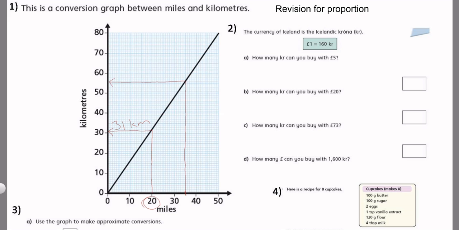So it looks like 35 miles is around about 50, 51, 52, 55, 56. So you can say 35 miles is around about 56 kilometers.